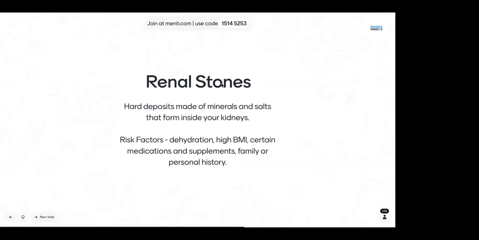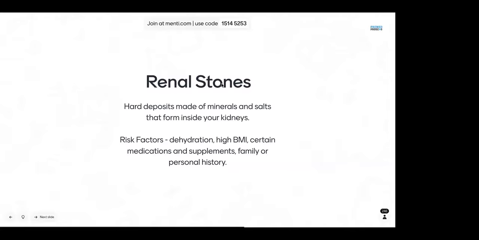Stones are caused by hard deposits made of minerals and salts that form inside your kidneys. And there are many risk factors that will cause you to develop stones. For example, dehydration, having a high BMI. Anyone know what BMI stands for? Body mass index, well done.